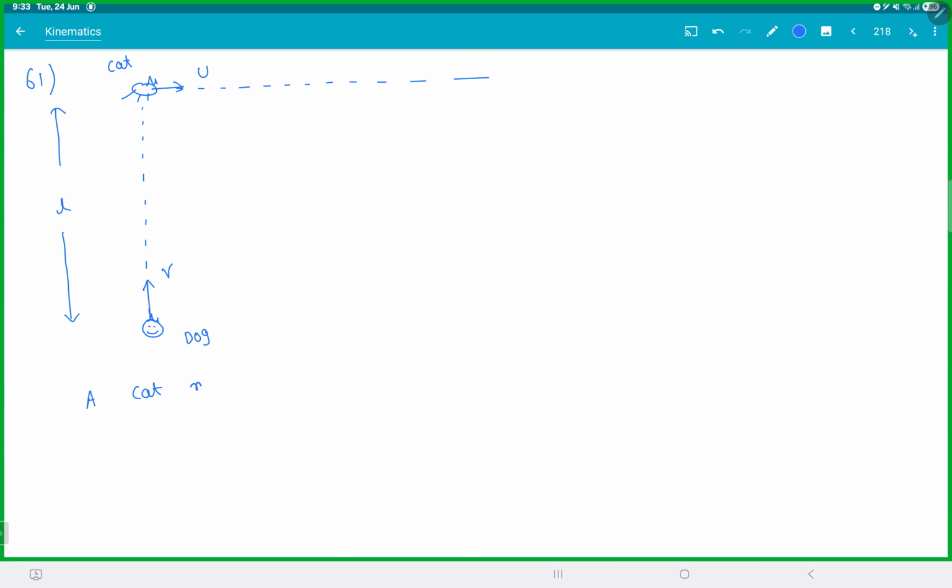It is always chasing, looking at the cat. So it is looking at the cat and going in that direction. So a cat is moving in a horizontal line. This is the top view. So both of them are on the ground. Obviously, they can't fly.